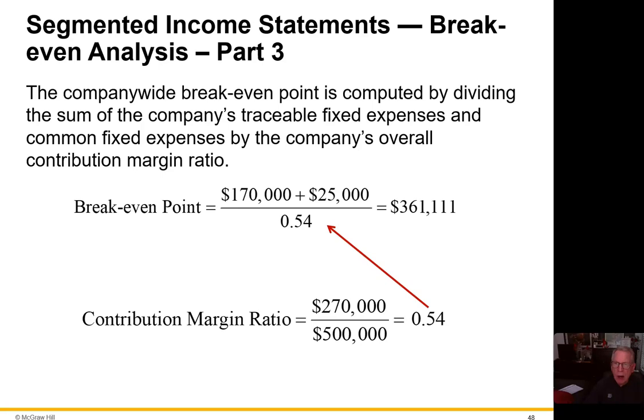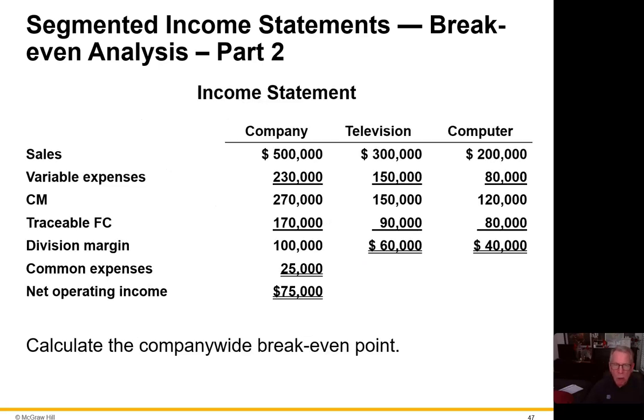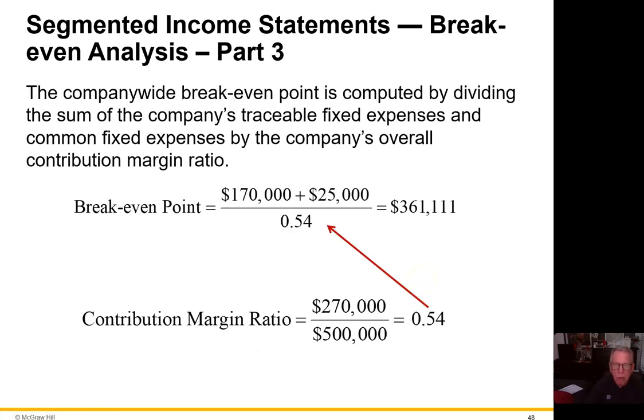What we need to do there is divide the sum of the company's traceable fixed expenses and common fixed expenses by the company's overall contribution margin ratio. So we go back and get the 170,000 and 25,000, the traceable and common fixed costs. We add those together and divide by our contribution margin ratio.